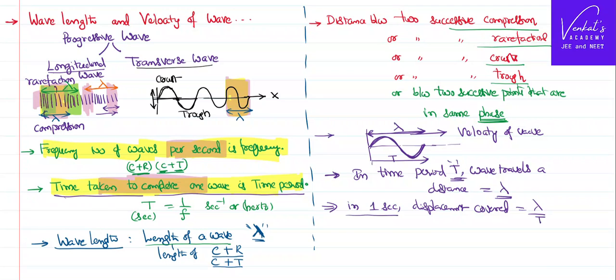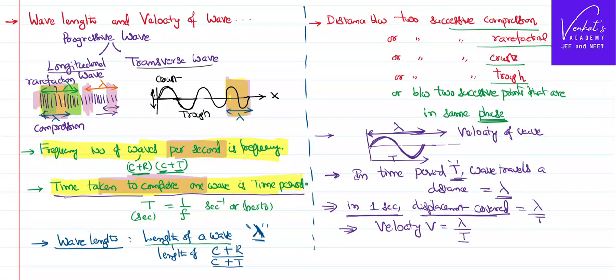So if you look at this carefully, displacement in 1 second, or rate of change of displacement, what are we talking about? Displacement covered in 1 second is called simply velocity. So velocity v is lambda by t.